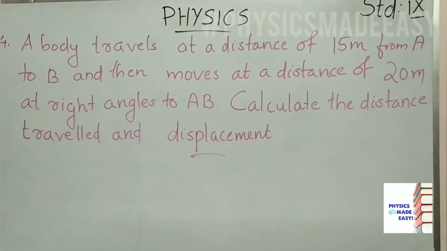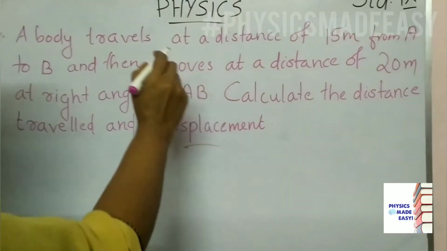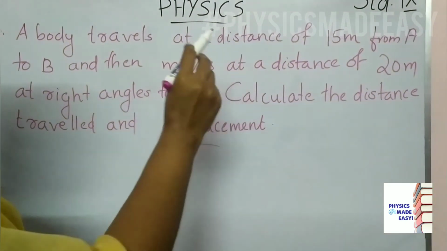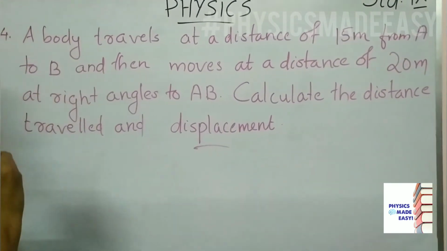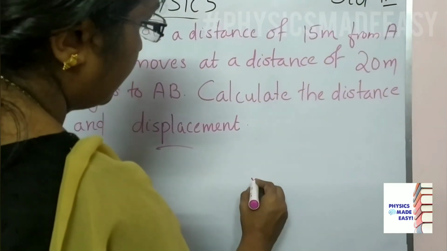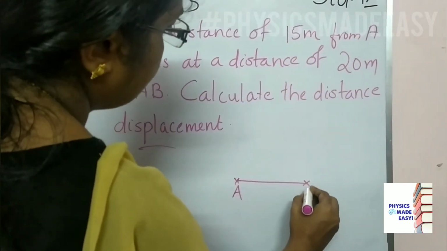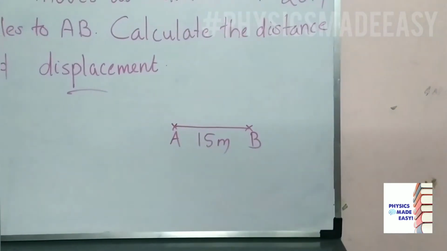Here you have to draw the figure first. You can draw it like this. A body travels a distance of 15 meters from A to B. Starting point A, from A to B. Here the distance is given as 15 meters.